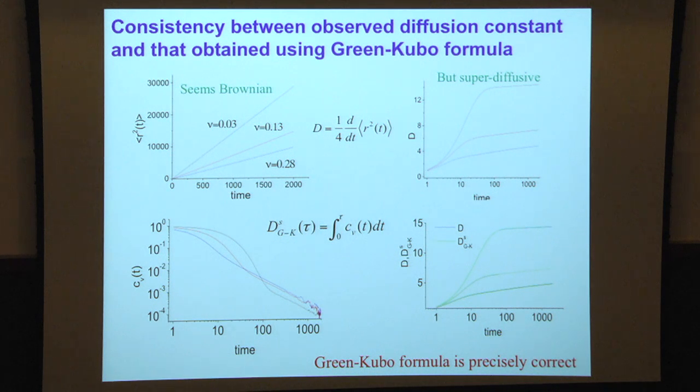That means the Green-Kubo formula exactly agrees with the directly measured results. The problem is to what extent this part will influence the measured result.